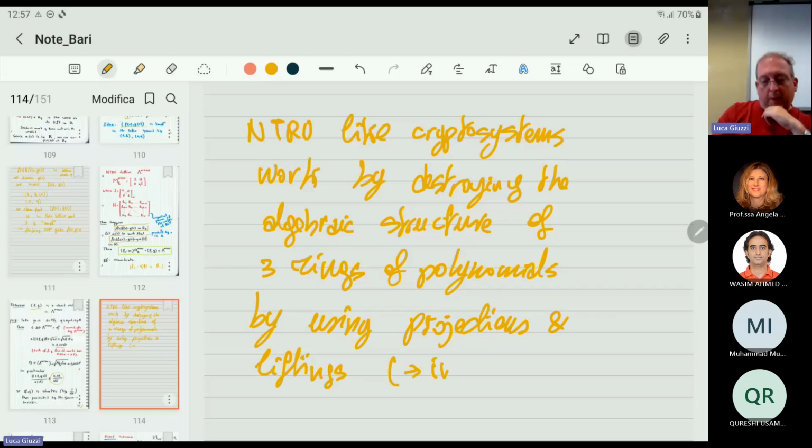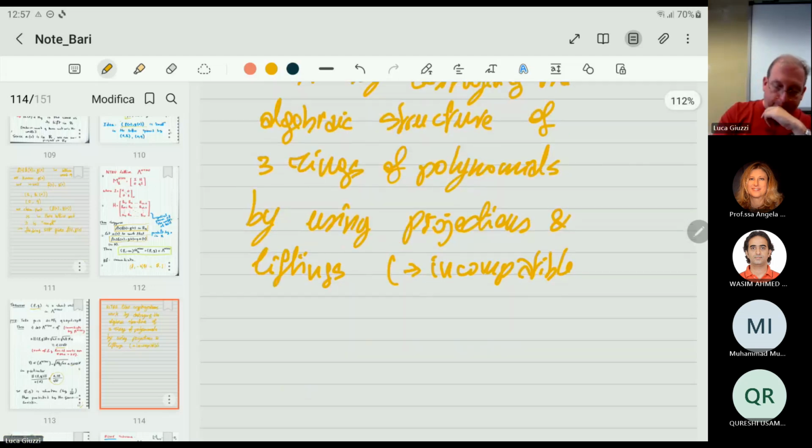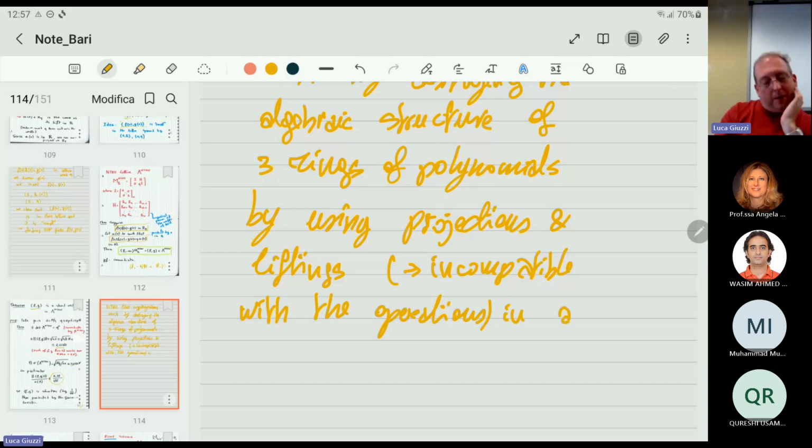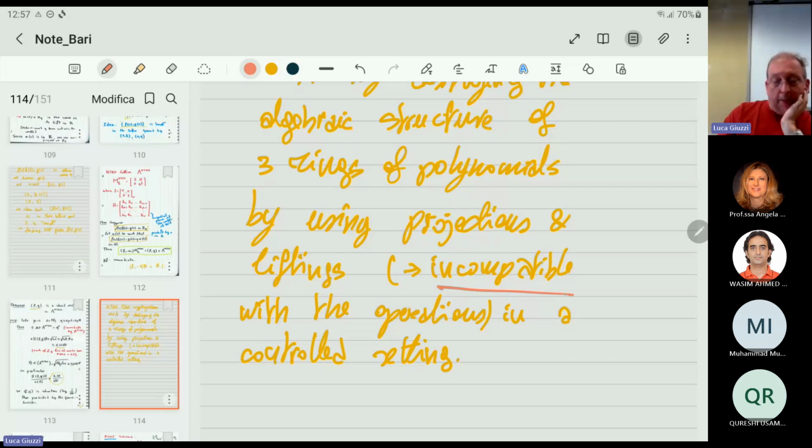And then we have operations incompatible with the operations, in a, can I say, controlled setting. And here I stress that these moves we do are tools which basically hide the algebraic structure.